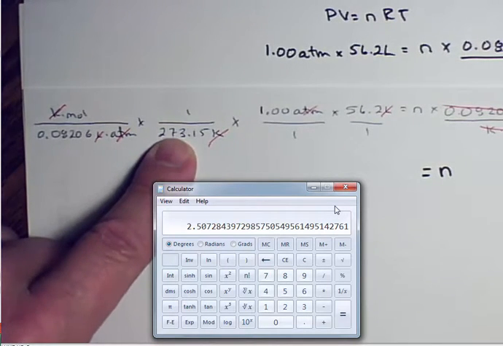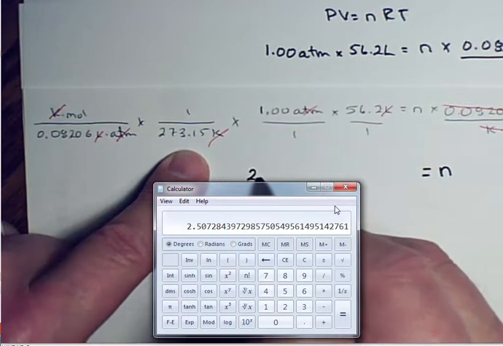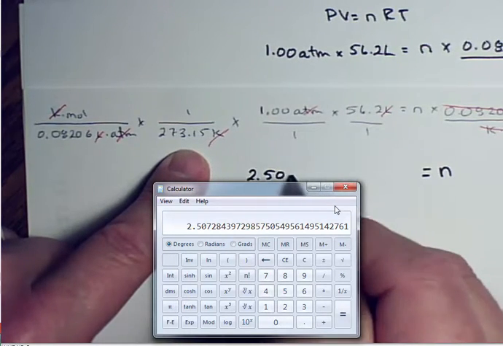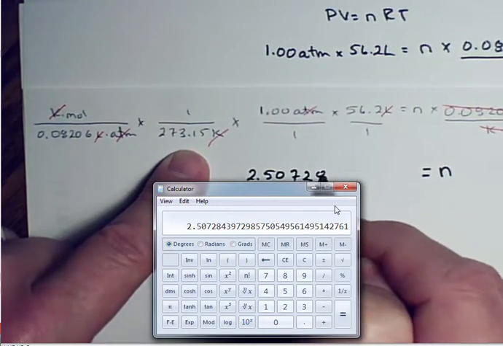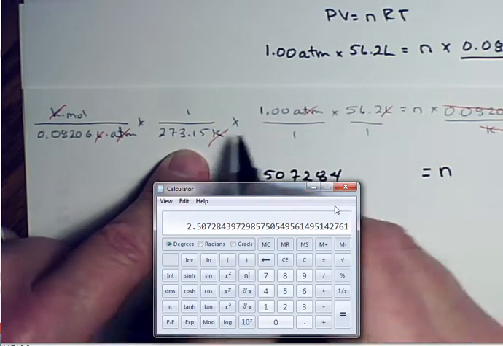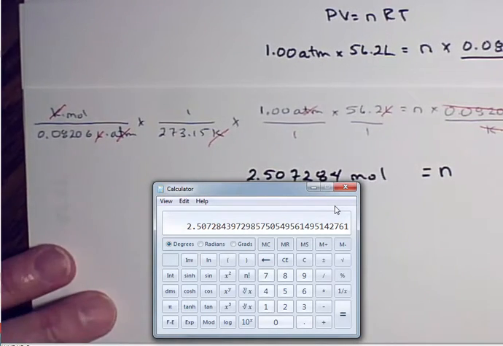Now I doubt your calculator is going to give you that many digits, so let's just do maybe 5 digits past the decimal on this one, just to write that much down. So you'll probably have on your calculator 2.507284 at least. And then we have units of moles left. So that's your unrounded answer.